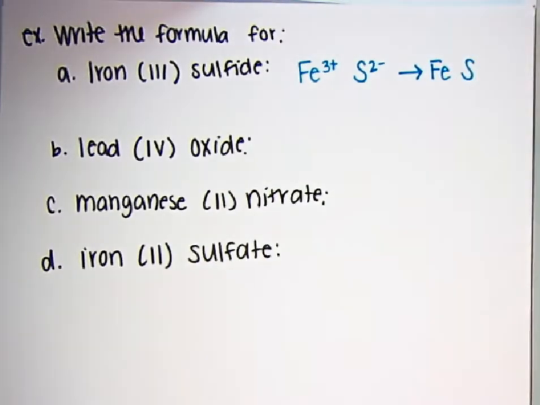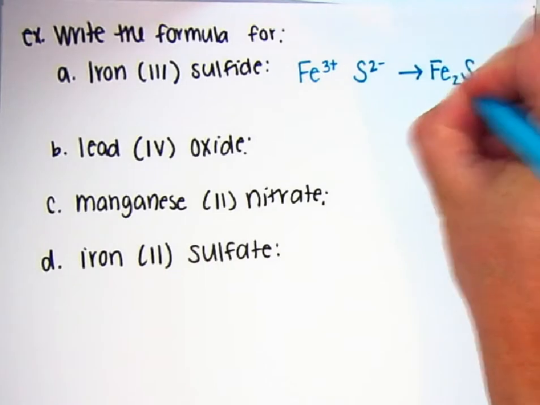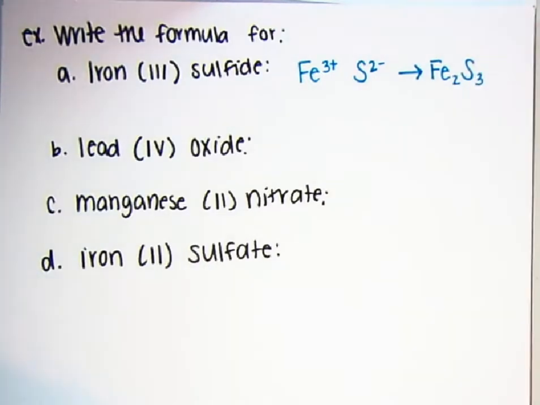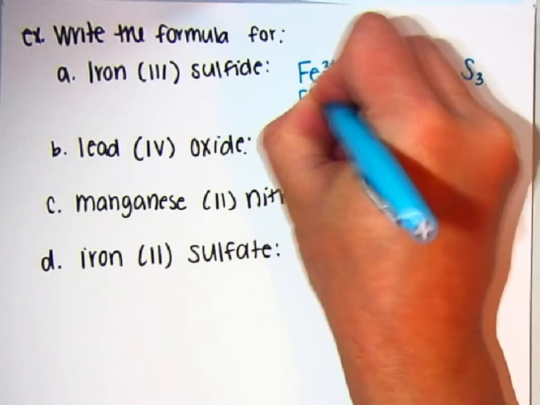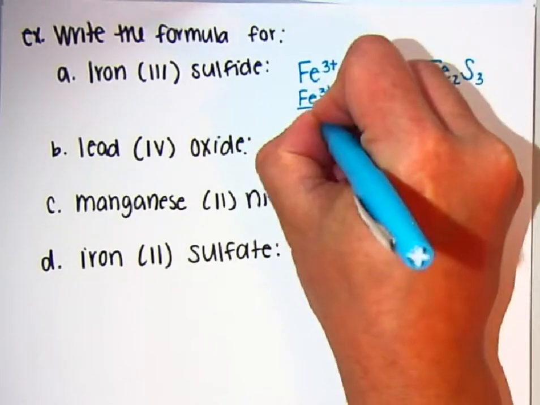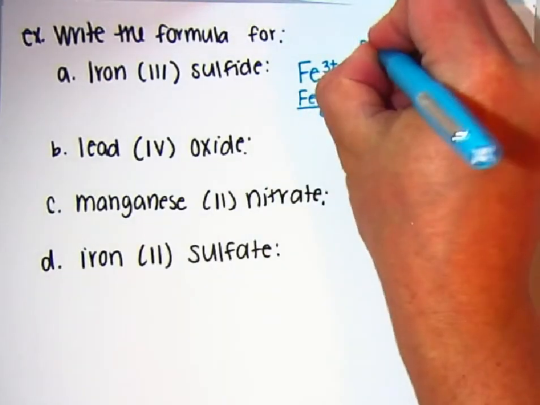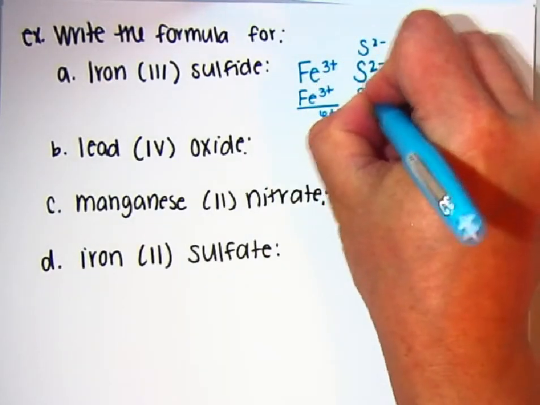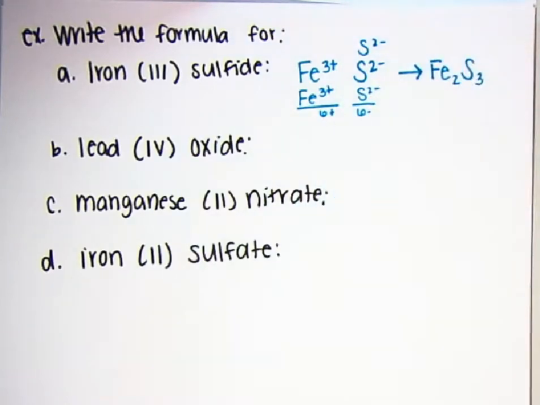And now we need to think of what ratio is needed to make a neutral compound. And we would get Fe2S3. If I have 2 irons, that gives me a charge of 6+. If I have 3 sulfide ions, that gives me a charge of 6-, so my net charge is going to be 0.